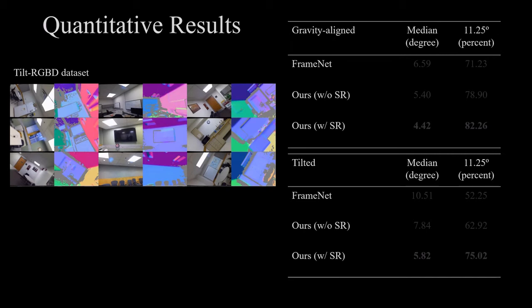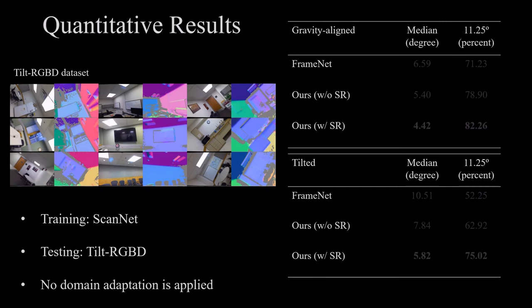All networks are trained on ScanNet and tested on Tilt RGBD. Note that in order to evaluate the generalization capability, neither domain adaptation nor fine-tuning is applied.